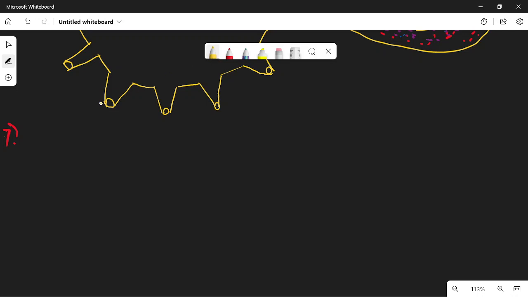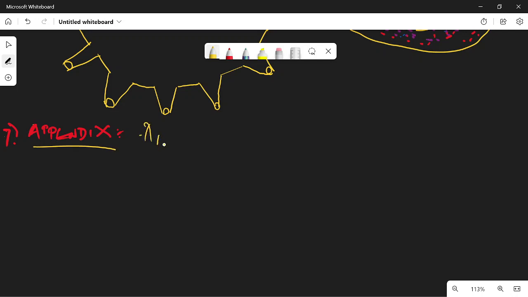The appendix is one organ in the body that does not really have a known function. It is there in our body, and it can cause problems in the body if not taken care of. And what is that problem that it can cause? Something called appendicitis.